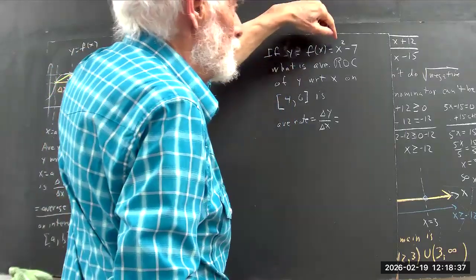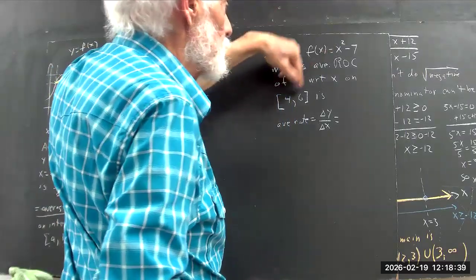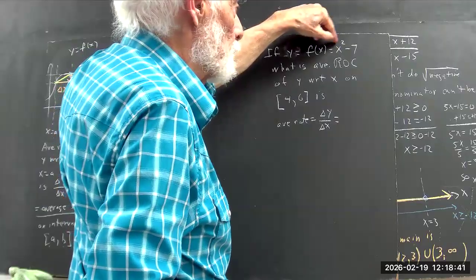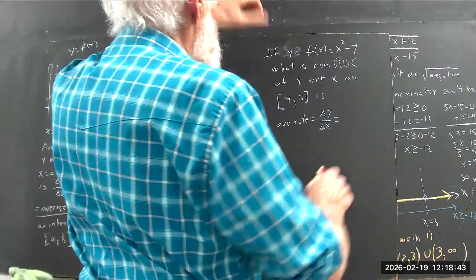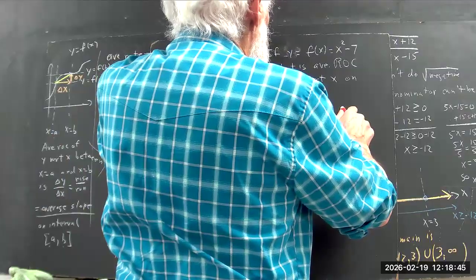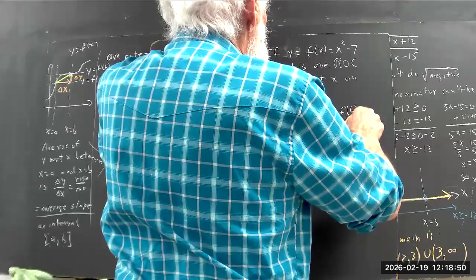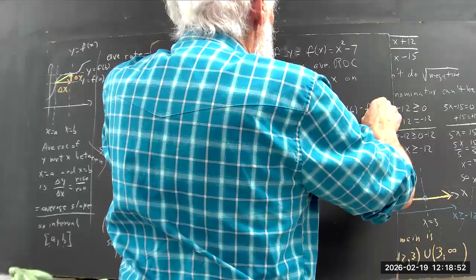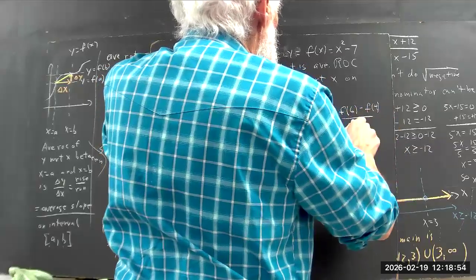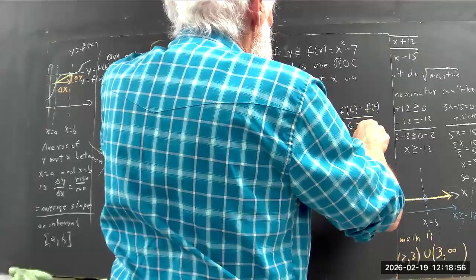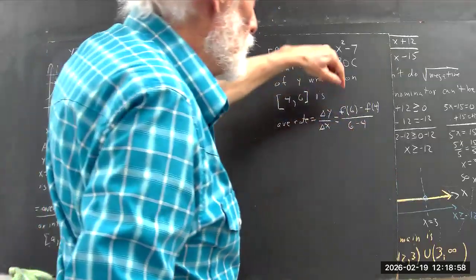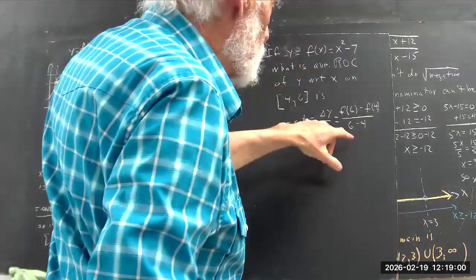When x is 6, x squared is 36, and 36 minus 7 is 29. So the change in y is f of 6 minus f of 4.